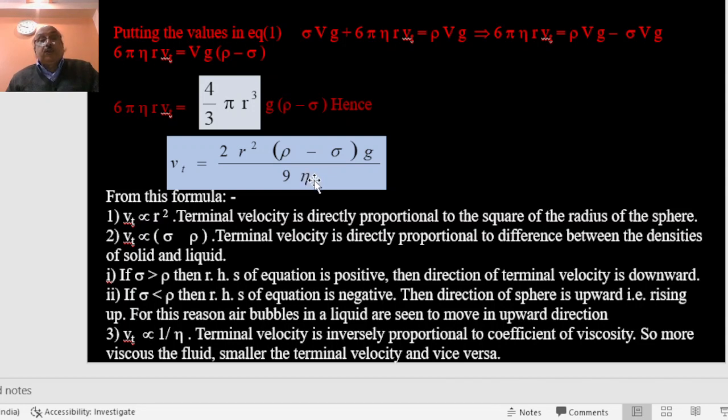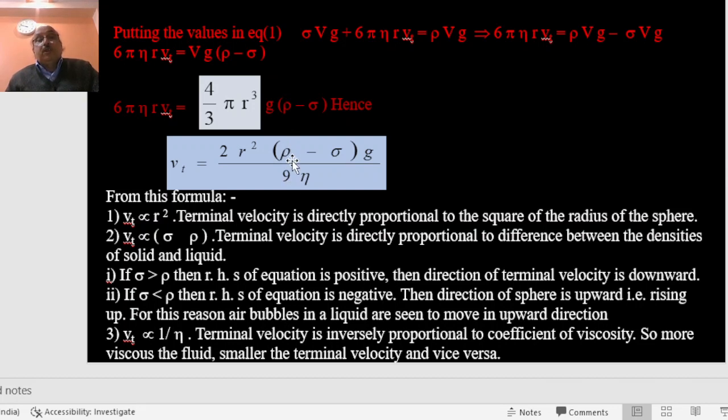coefficient of viscosity. If rho is more, Vt will be positive. If rho is less than sigma, it will be negative, as in the case of an air bubble. Air has lesser density than water, so the air bubble will move upward.